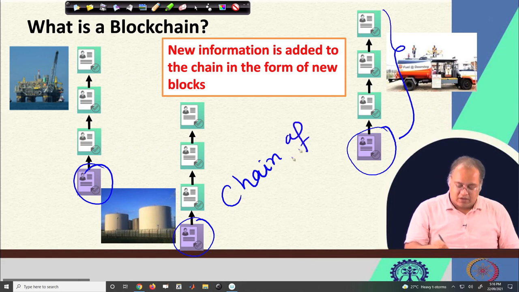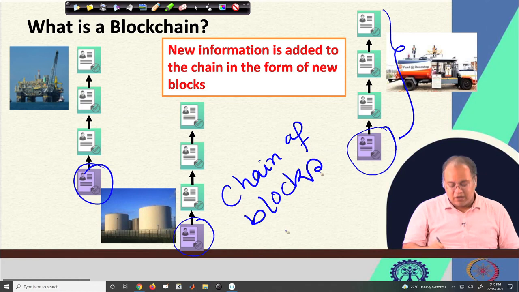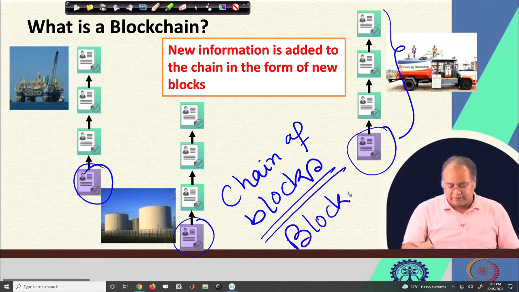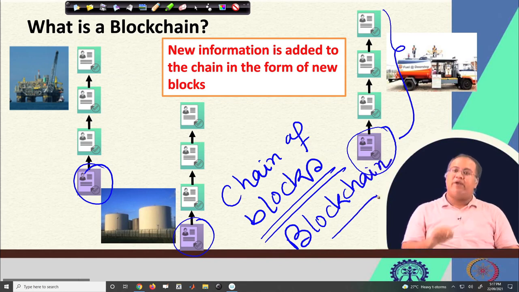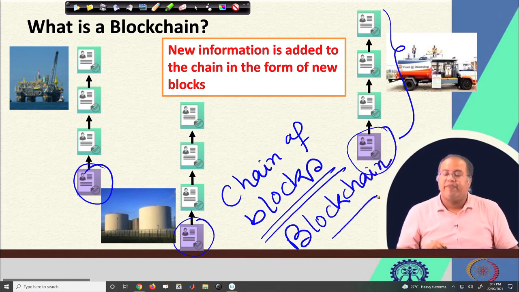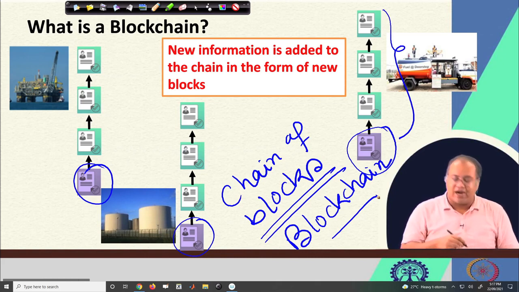Because it is a chain of blocks, we call it a blockchain. This is how the terminology arrived.